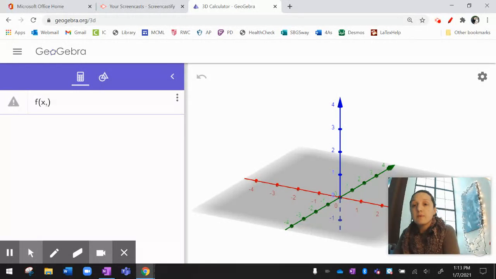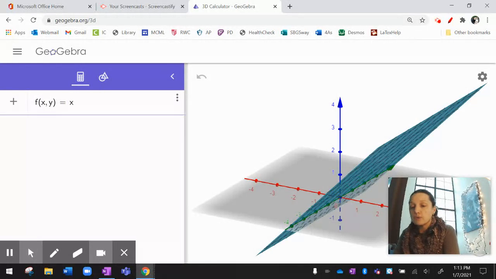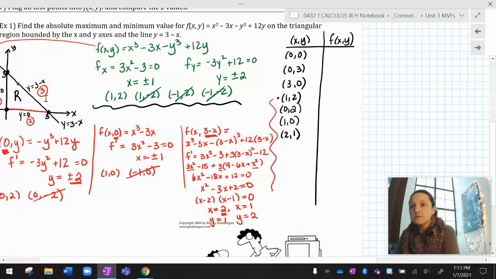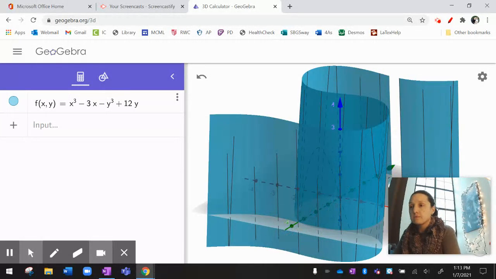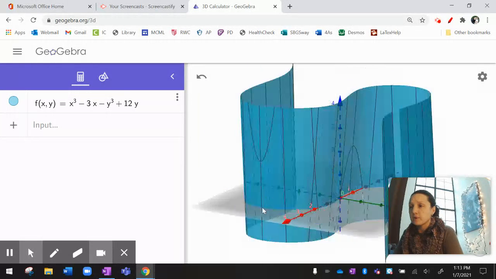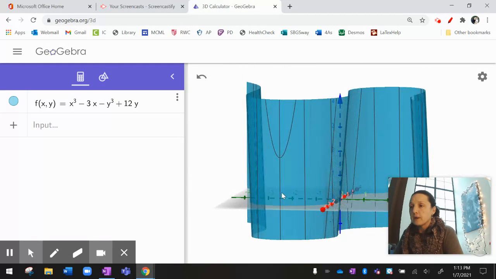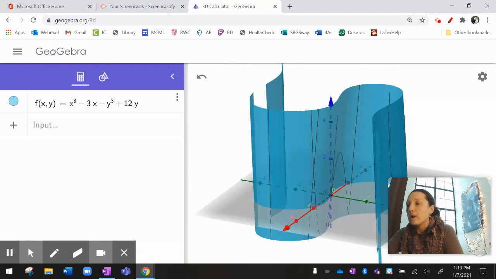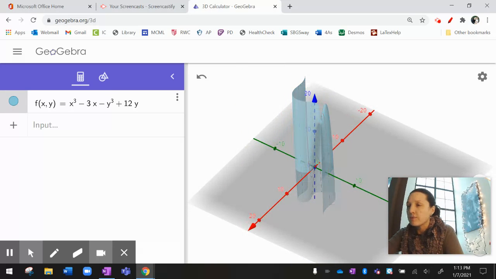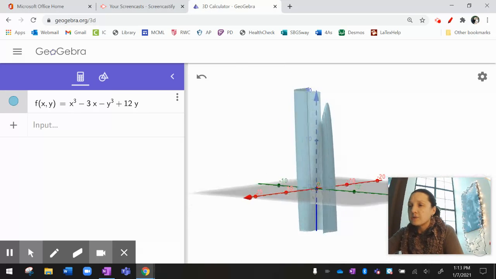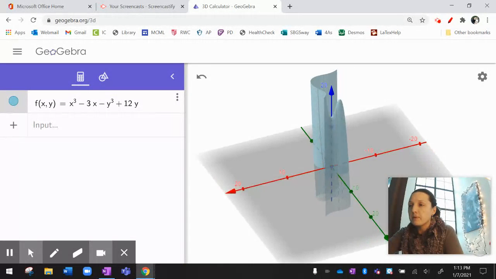And type f of x, y, and you can do this too, is x cubed minus 3x minus y cubed plus 12y. And I get this funky looking thing. I would have to zoom way out. I wish there was a better way to zoom in on this. There we go. That's what this looks like. It's got that big bumpy thing there.